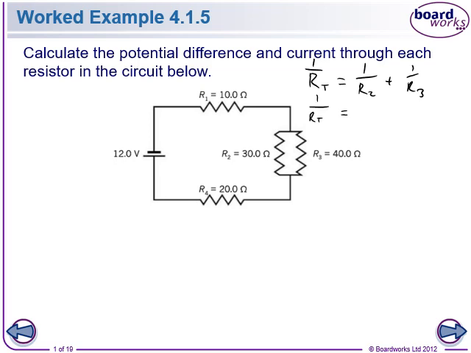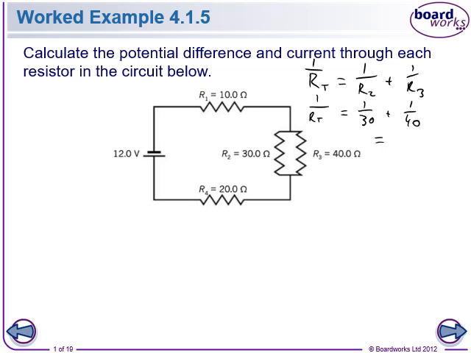So 1 on RT is 1 over 30 plus 1 over 40. Someone work that out for me, please. Anyone working this out? 1 over 30 plus 1 over 40?